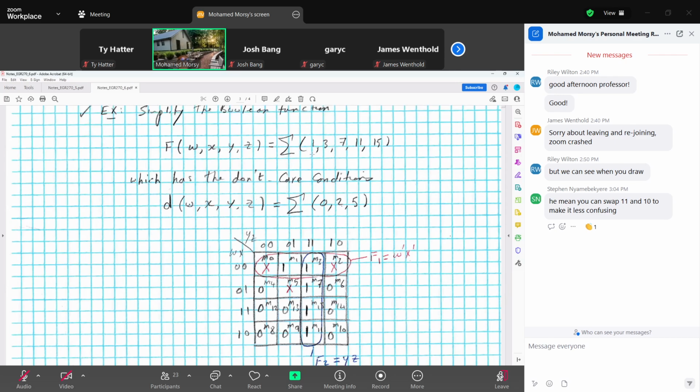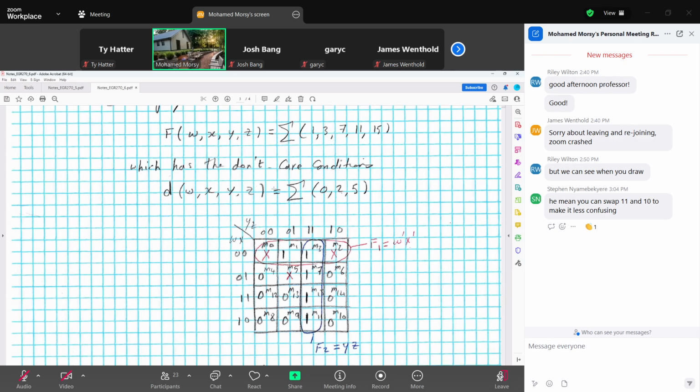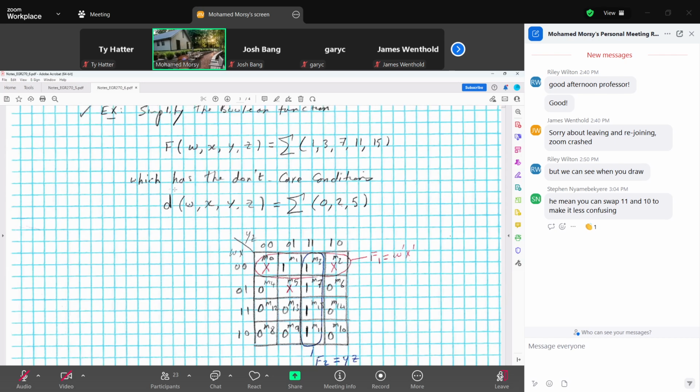Okay, so f equal to this, and also given a don't care condition, this. D here stands for don't care. So f is the Boolean function here, and d refers to don't care.